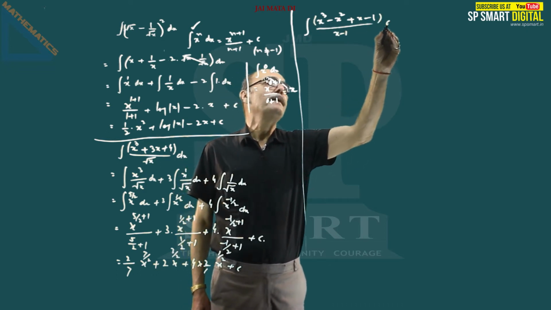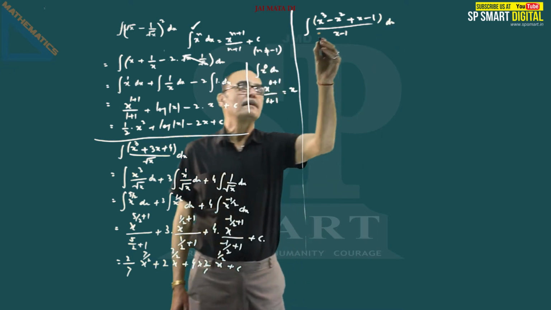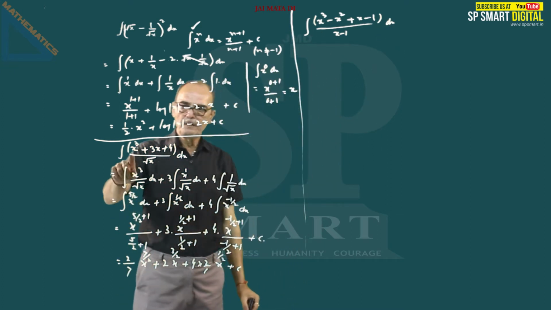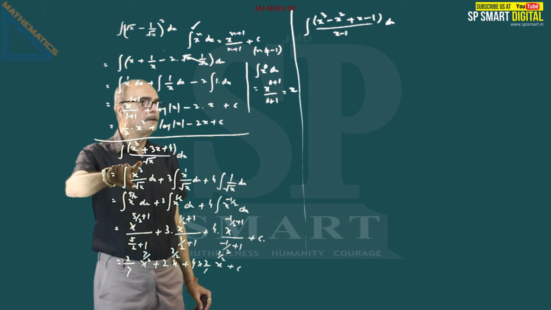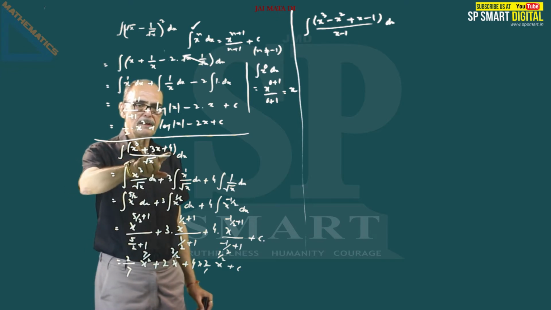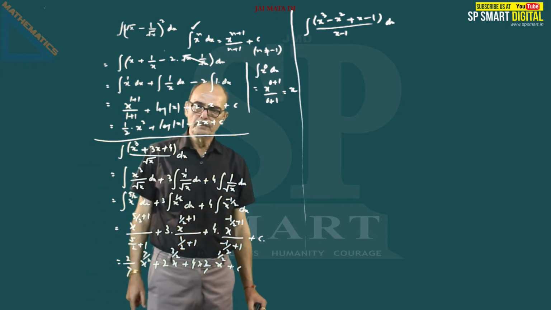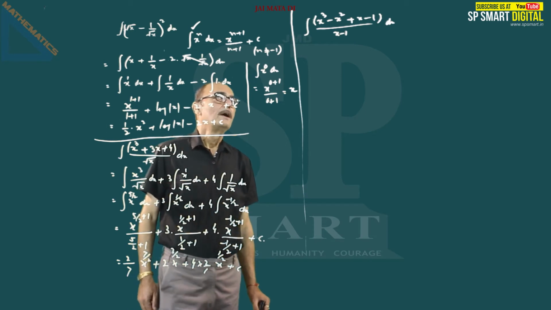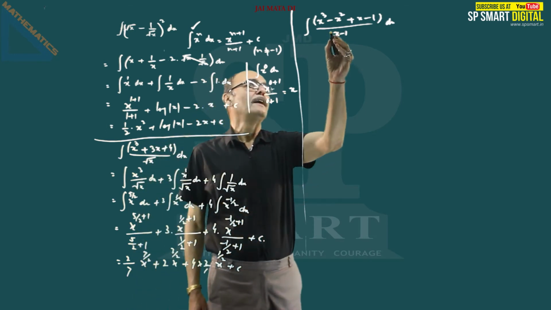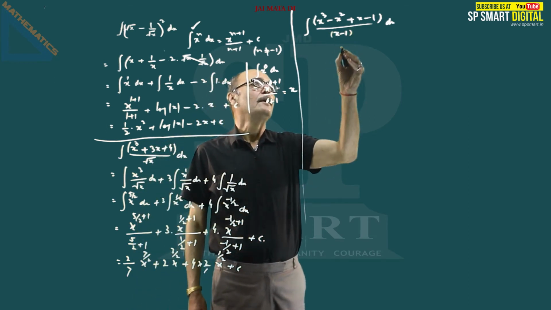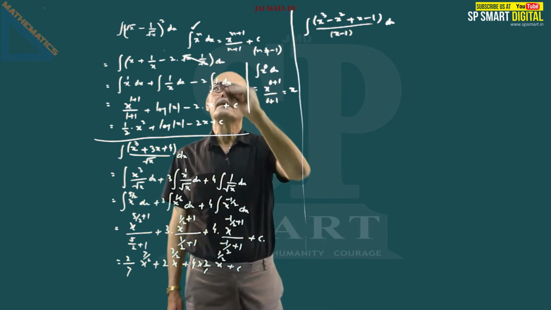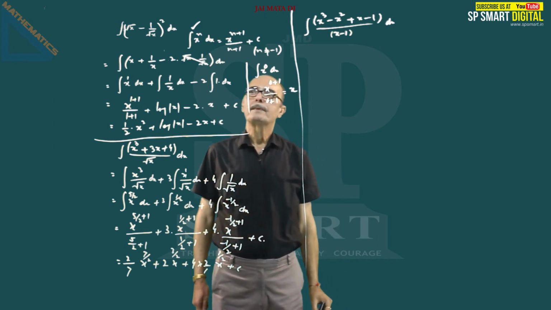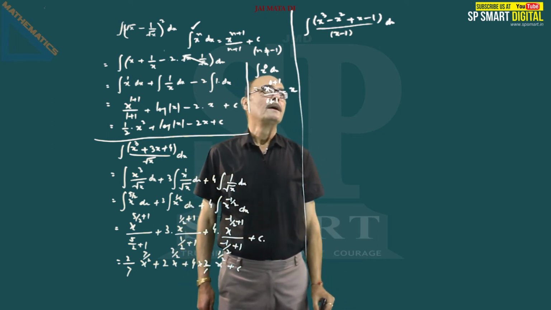Now, if you compare this with the one which we have tackled, there in the denominator we had root x, by which we could divide each term in the numerator. Here we have a factor x minus 1. So, to make use of the integral of x raised to power n dx first formula, what do we do?